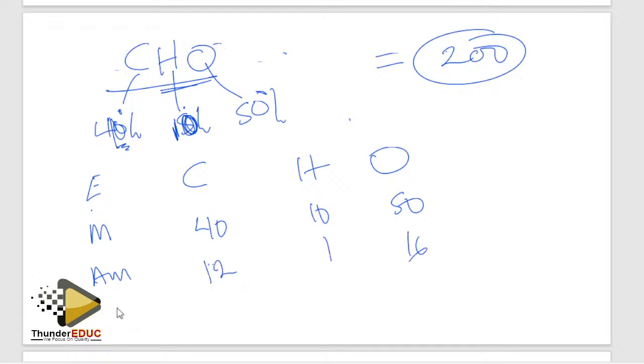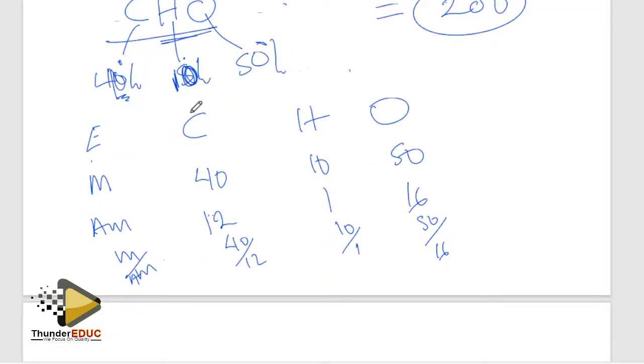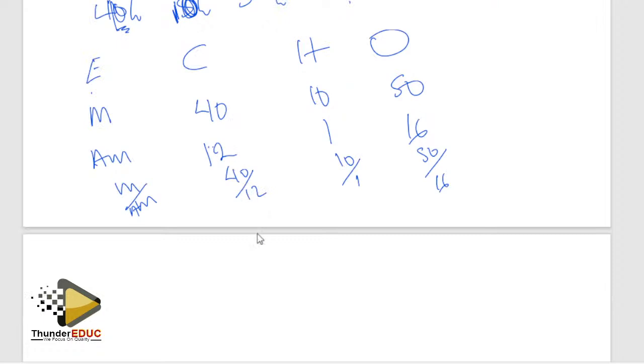Now you divide the mass over the atomic mass, which gives you the number of moles. So 40 divided by 12, 10 divided by 1, and 50 divided by 16. You calculate, guys; I'm just giving you a rough estimate, because someone asked a question and I'm rushing it.